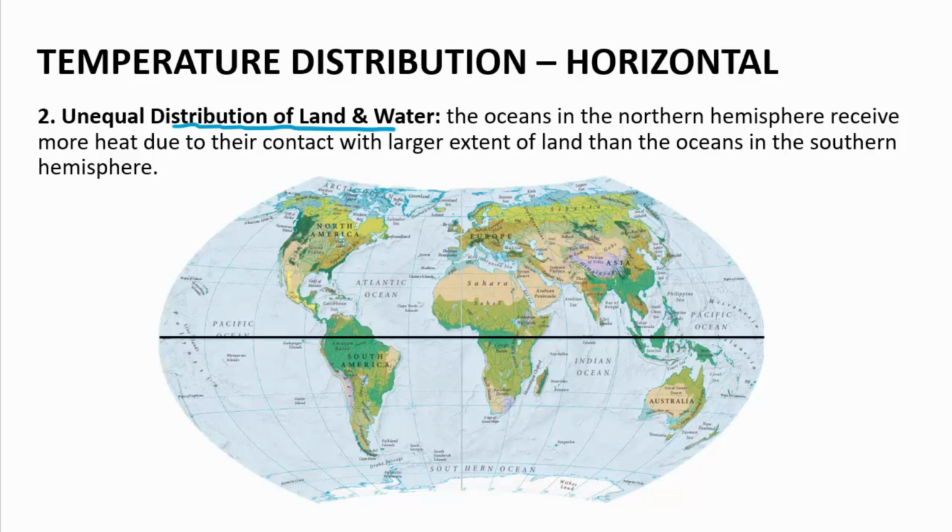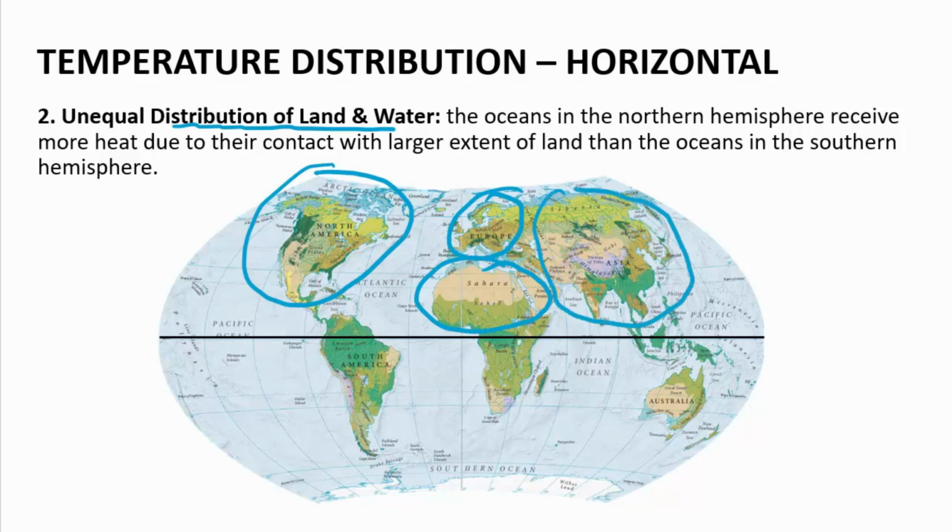For example, in the northern hemisphere, you'll observe the entire continent of North America, the majority of the African continent, then we have Europe, and of course the Asian continent. Almost 90 to 95% of the Asian continent lies in the northern hemisphere. So the surface area that has land is more in the northern hemisphere.